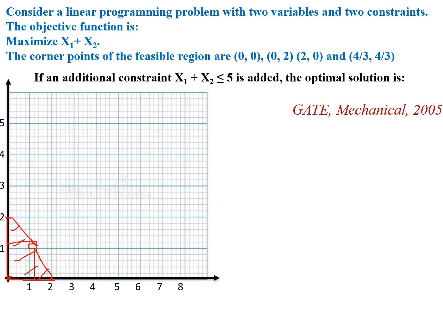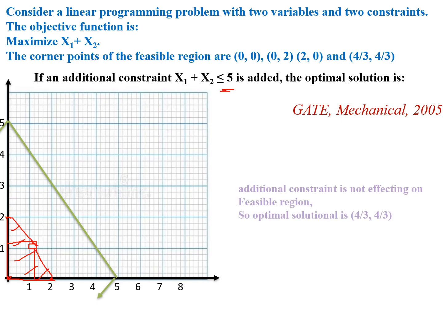We plot a line through them. This is the additional constraint line, and we consider the region below the line, since it is given with the less than or equal to symbol. Observe that the additional constraint does not affect the feasible region.